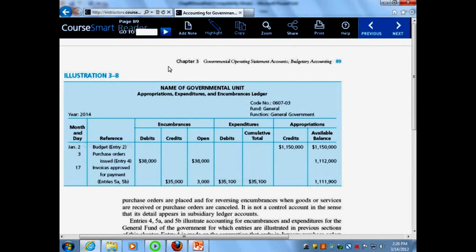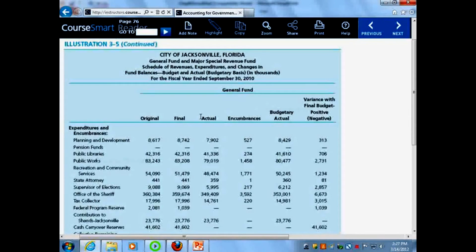So what do you recognize here? What you recognize here is a very strange thing. As soon as you book an encumbrance, it's almost like an expenditure, isn't it? Because what happens? You reduce it, but it's not. And that's the reason why when we looked at the statement on page, let me show you this.